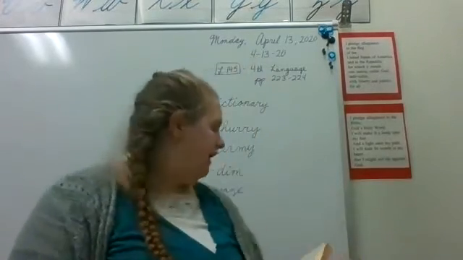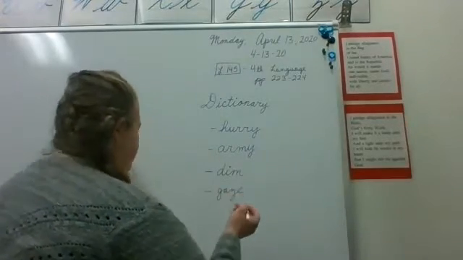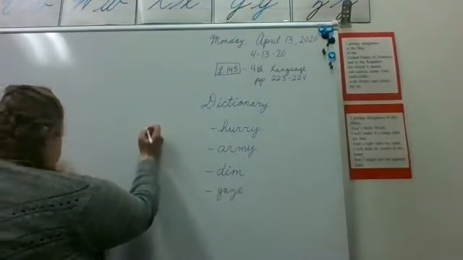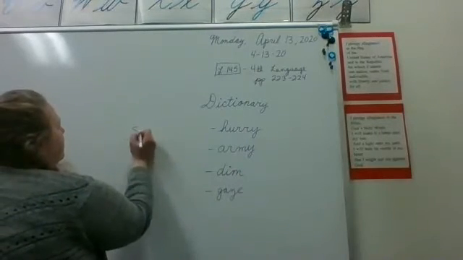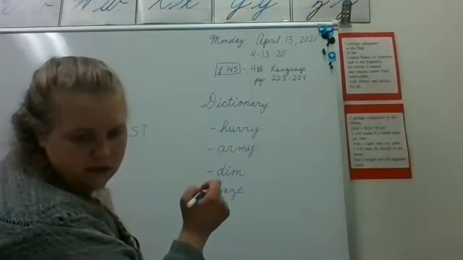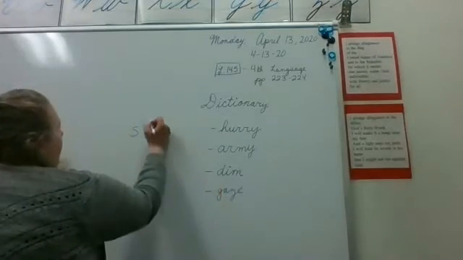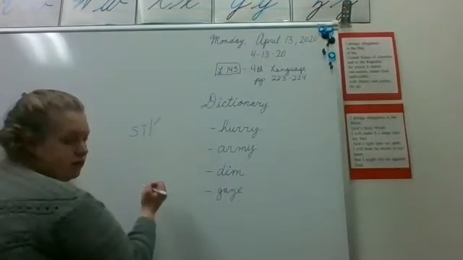The one that we have for silhouette in the book is S-I with a little half circle on the top of it, and then L, and then your accent mark, okay?